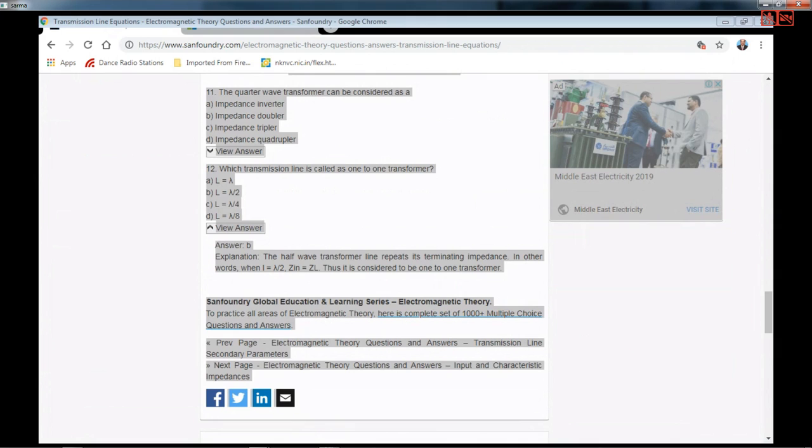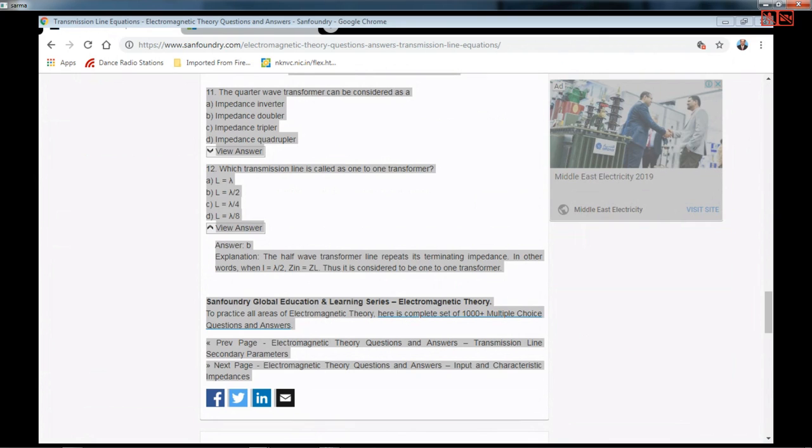Okay, and then the fifth one, lambda by 4 is this mark. So compared to that, we are having the length greater than lambda by 4. So a short circuited transmission line with length greater than lambda by 4 acts like a capacitor.